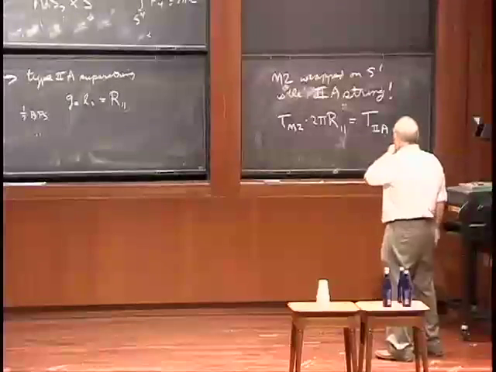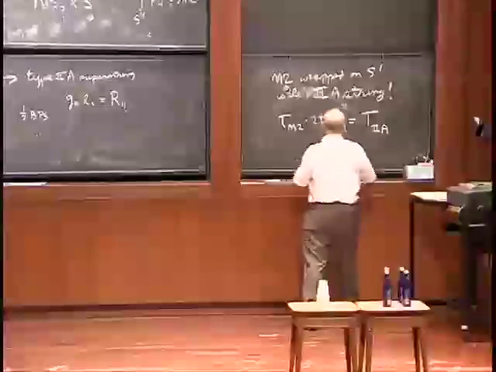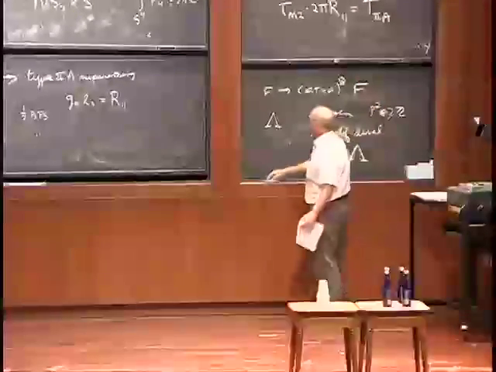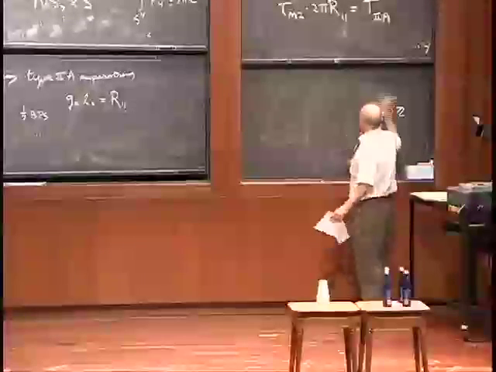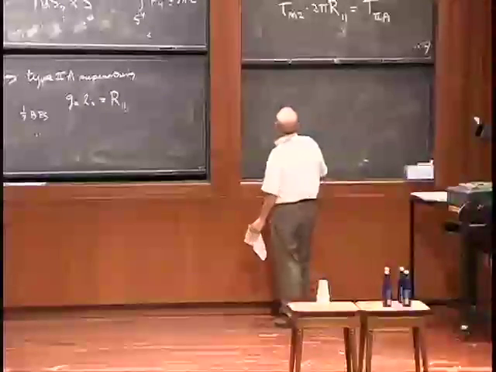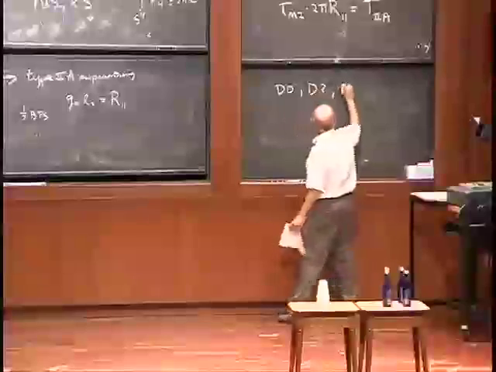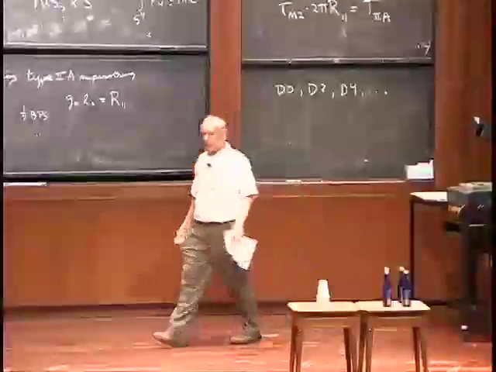Well, what's another formula that needs to be explained? The type 2A string theory has other stable objects besides the fundamental string. Namely, it has D-branes of even dimension. So remember, the stable objects in type 2A were the D0, the D2, the D4, etc. So where do they come from?